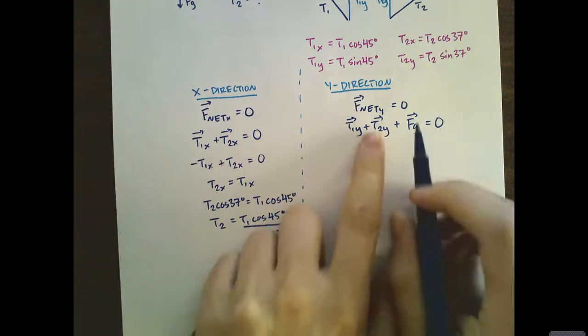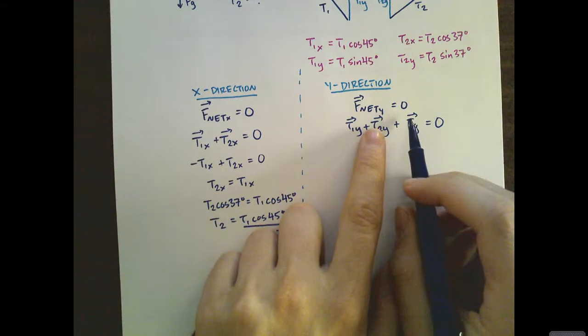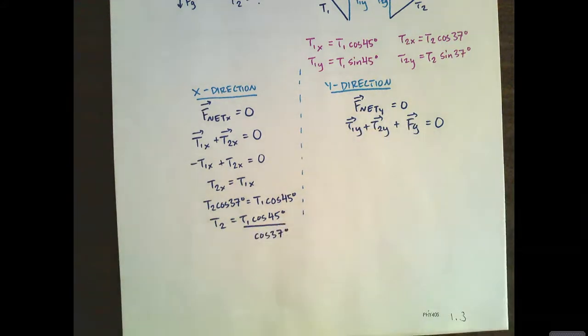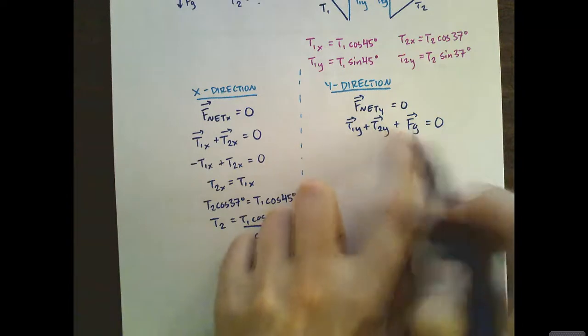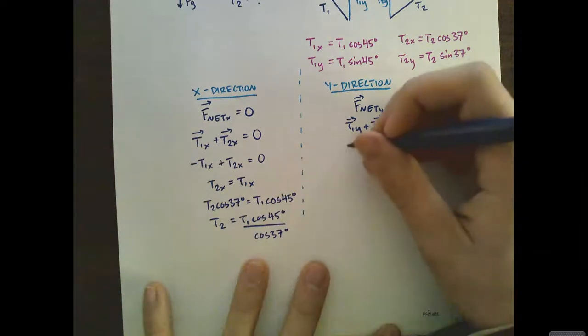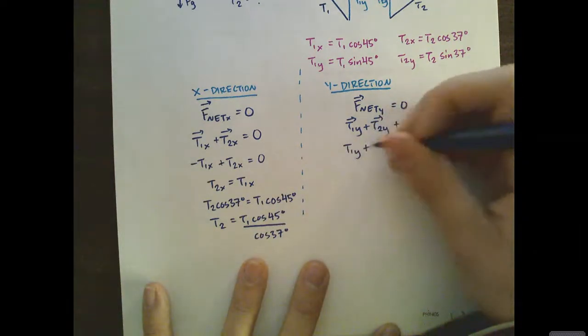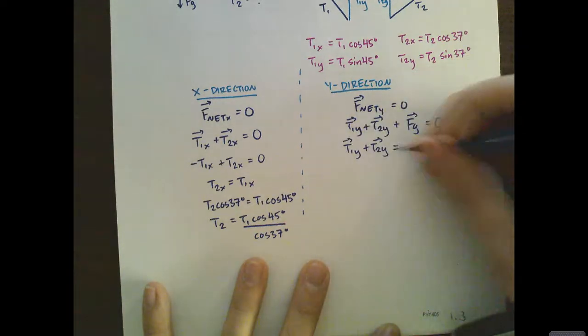Now, let's get rid of our vector arrows here. Let's do the same thing again. You can do this at different points if you want to. Let's move this to the right-hand side first. So we get T1y plus, just like we did in the last question, T2y equals negative FG.